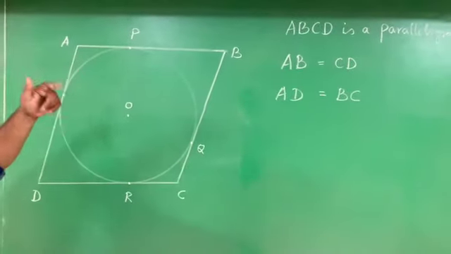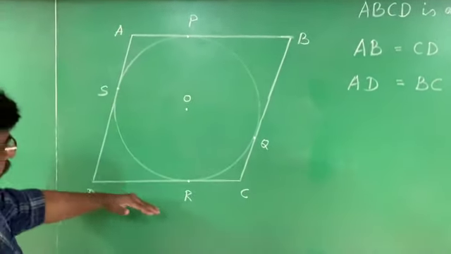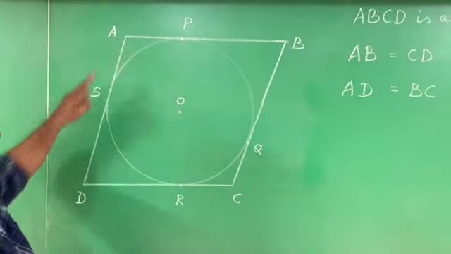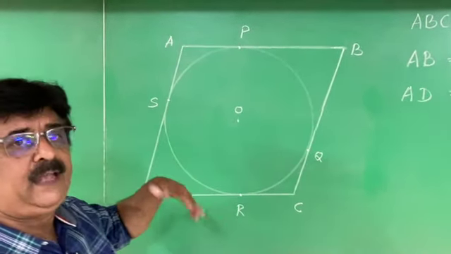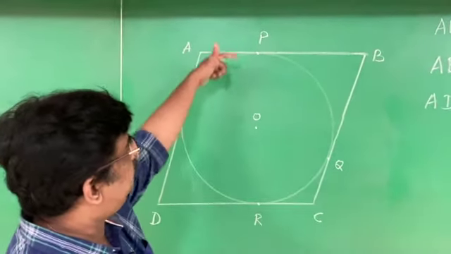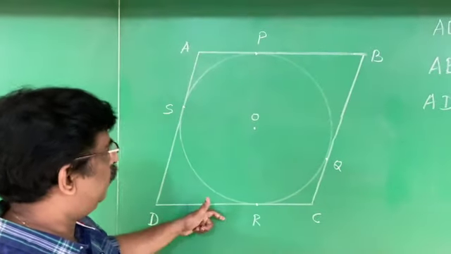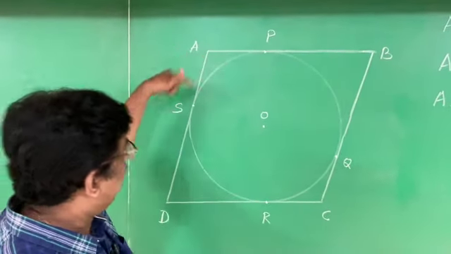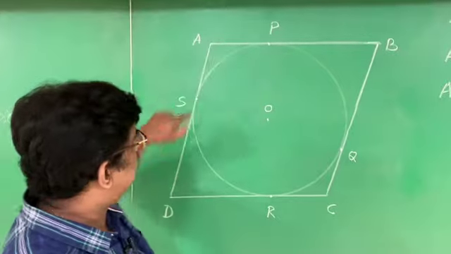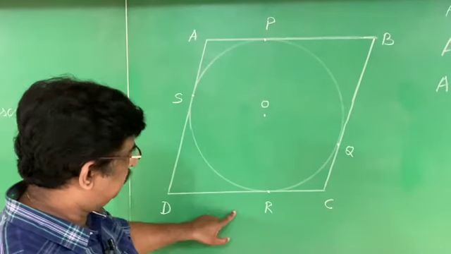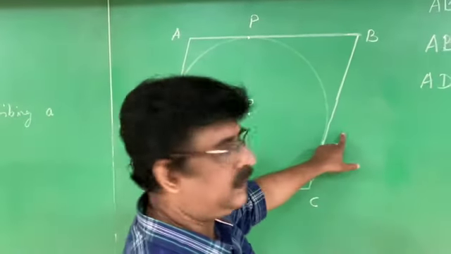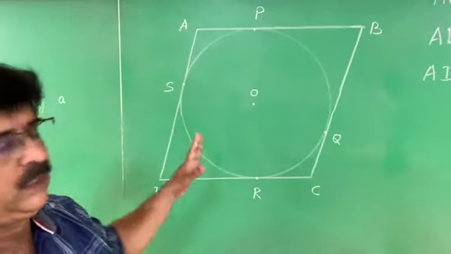If it is a rhombus, then AB is equal to AD, because adjacent sides are equal in the case of a rhombus. In a parallelogram, opposite sides are equal. In a rhombus, adjacent sides are equal. That is the idea of a rhombus.